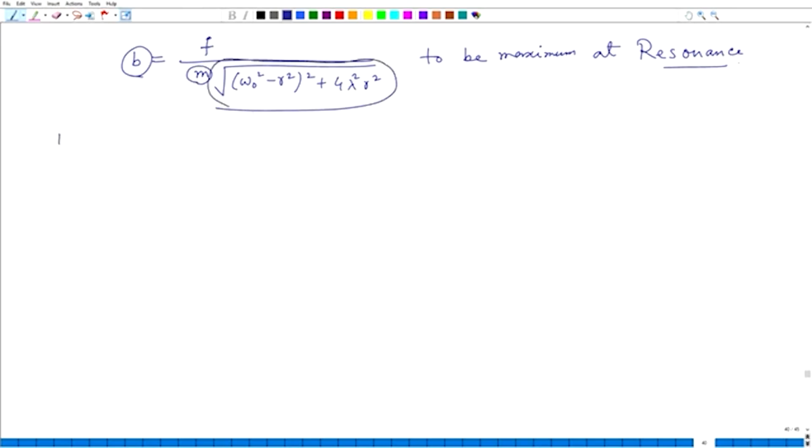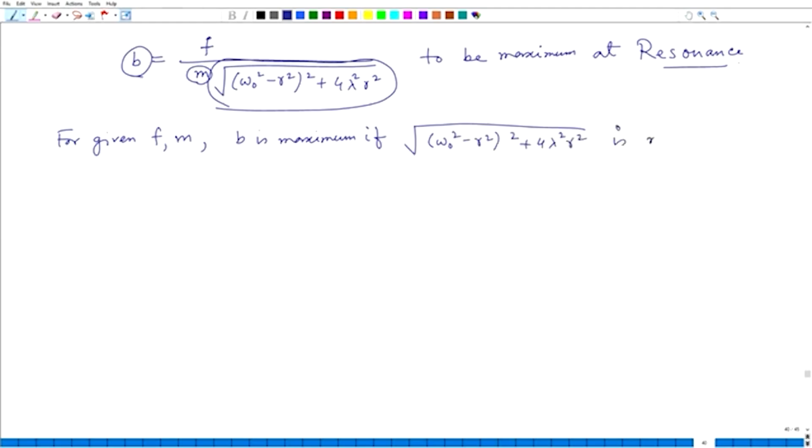For given f and m, which we cannot change, B is maximum if root over omega 0 square minus gamma square whole square plus 4 lambda square gamma square is minimum.